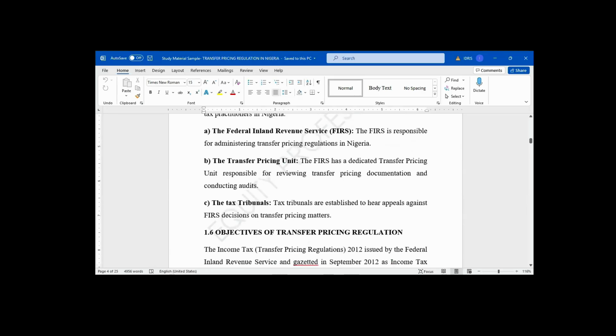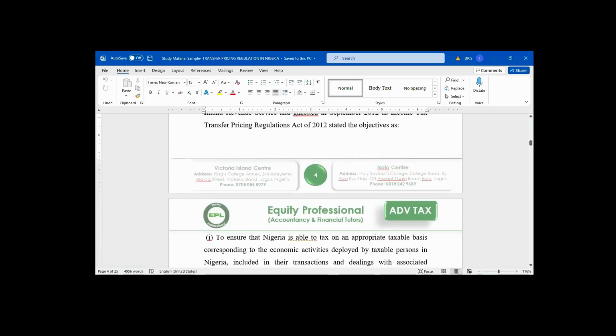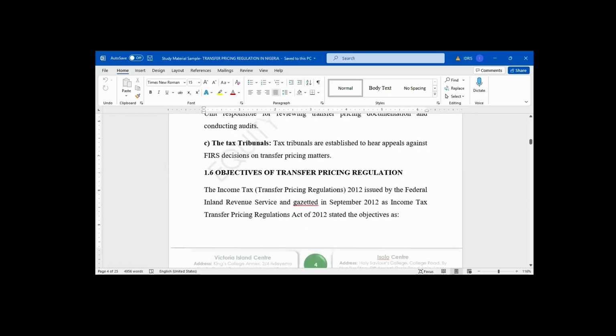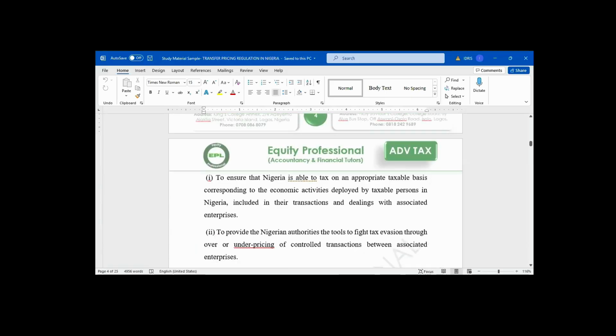Now, the objectives of transfer pricing regulation. What are the reasons why FIRS wants to be regulating transfer pricing? Number one objective of transfer pricing regulation, as stated in the Transfer Pricing Regulation, is to ensure that Nigeria is able to tax on an appropriate taxable basis corresponding to economic activities deployed by taxable persons in Nigeria, including in their transactions and dealings with associated enterprises.